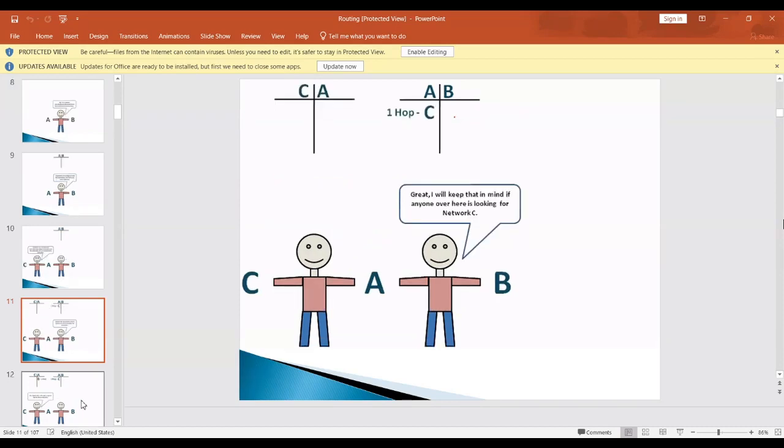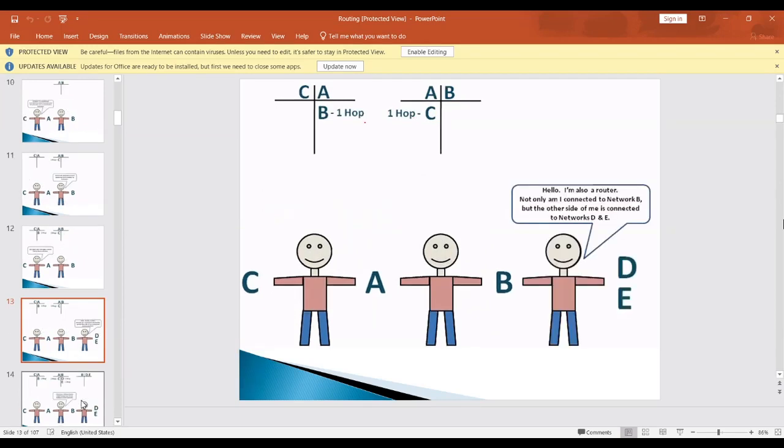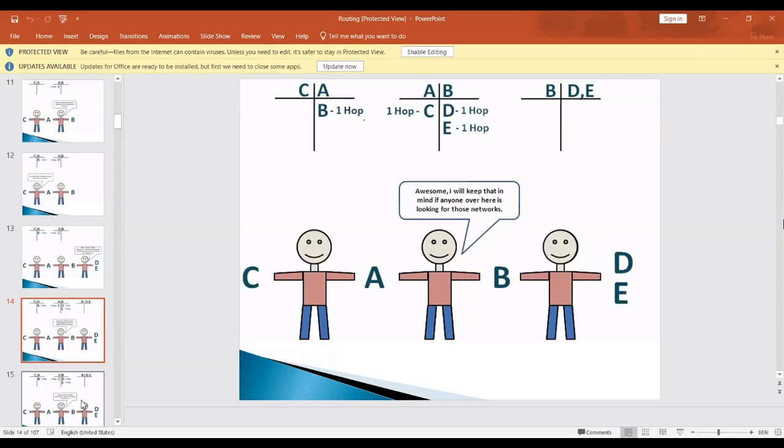See how these tables are updated with the neighbors' information, and how many hops there are. All of these are updated gradually when they communicate with each other like this, right? So you can see how this communication takes place and how the IP tables are updated accordingly.